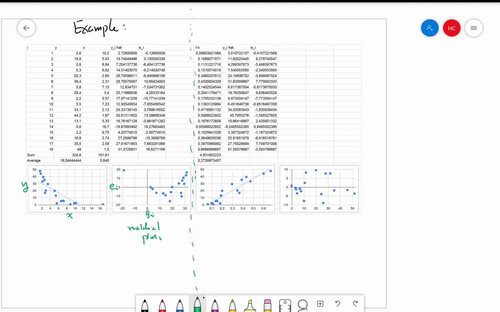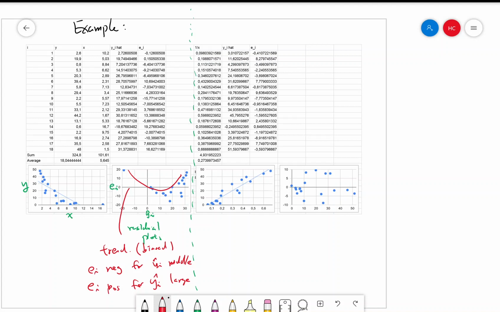It doesn't look like the line fits well, and if you look at the residual plot, there's a trend. It looks like ei is negative for yi hat in the middle, and then ei is positive for yi hat large. So there's a pattern here. This tells you this is not a good residual plot, which means this is not a good model. We say this is biased. So we shouldn't use this model.